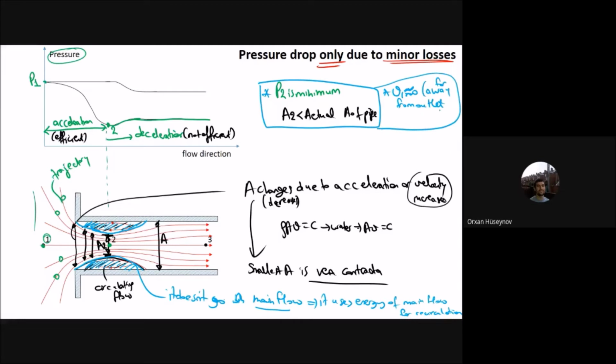Since this pipe is connected to a reservoir, V1 is 0. Therefore, by Bernoulli's principle, this pressure should be constant. It shouldn't decrease. It should go some way like that if it is ideal.